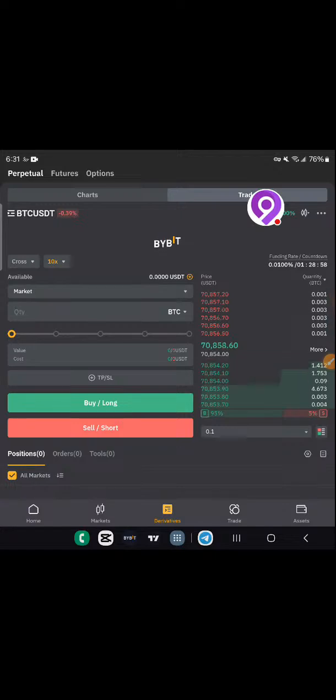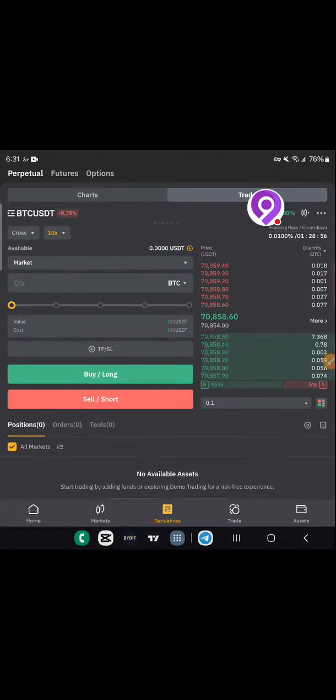The next thing will be market order or limit order. It's the same way I explained it on spot trading. On futures trading, they are almost the same thing. Some of the things that are different between spot trading and futures trading: on spot trading you can only trade one way, which is buy low, sell high.